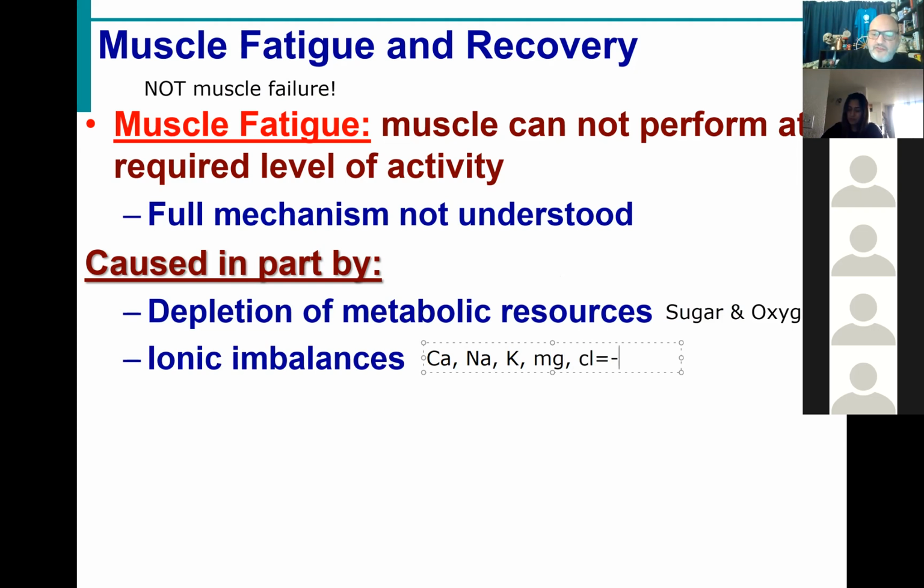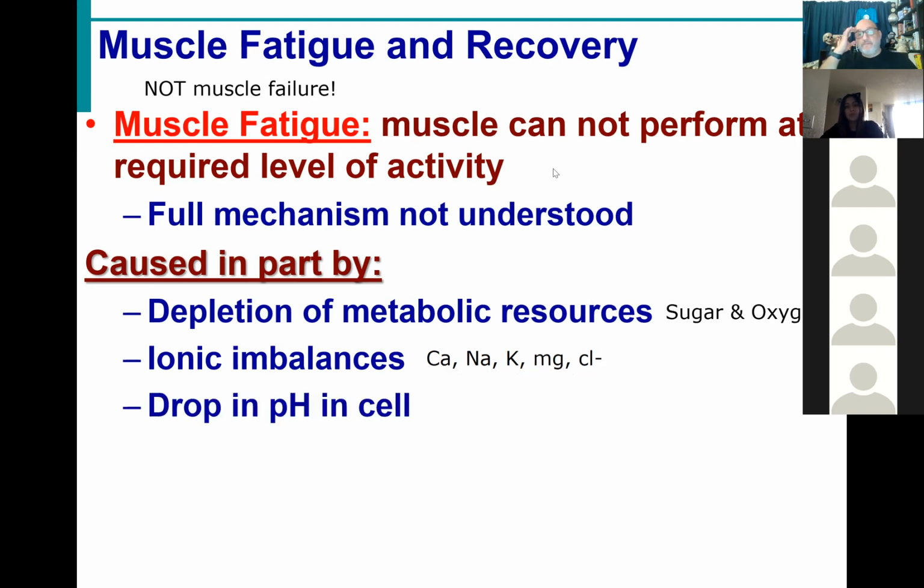Chloride is another one. These aren't ones that we talked about during the contraction, but they are factors that do play a role. So all of these ions can cause ionic imbalances, and that can interfere with the ability to produce a normal muscle contraction or a muscle contraction of the strength that we would expect.